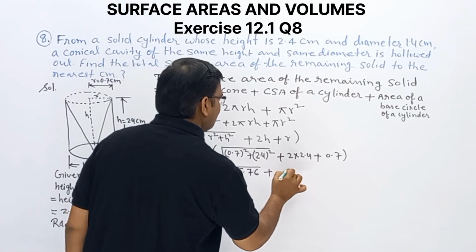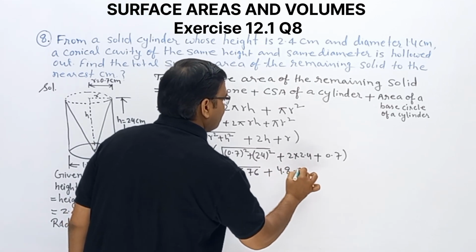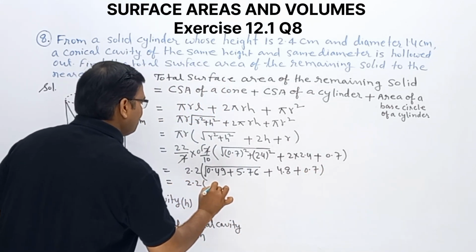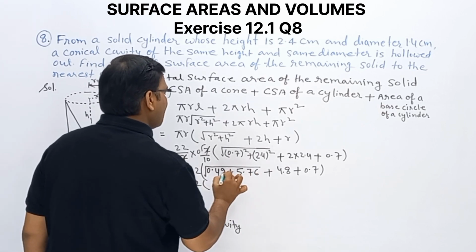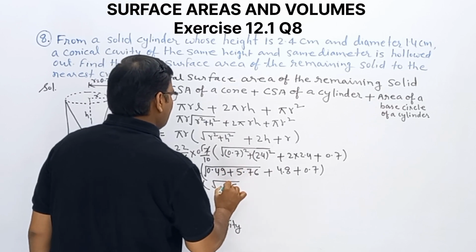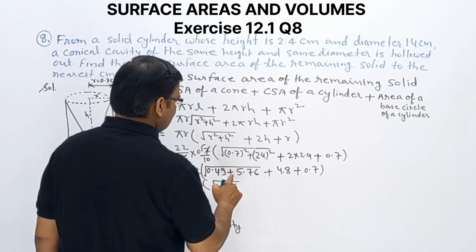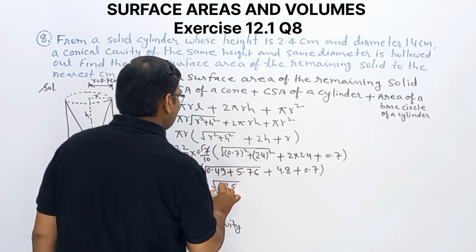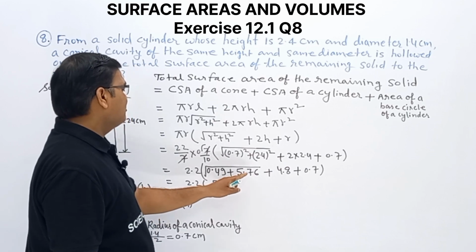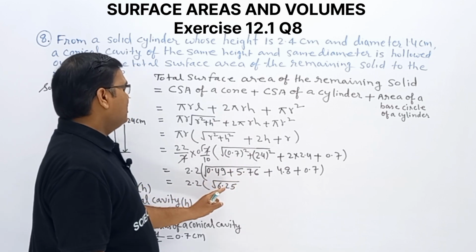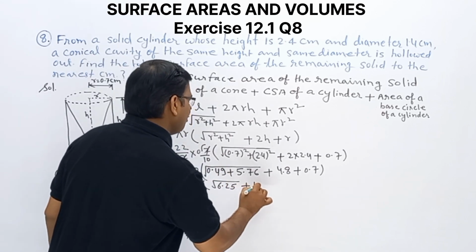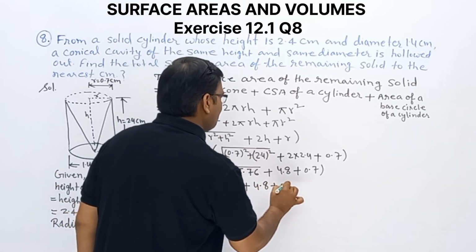Plus 2 times 2.4 is 4.8, plus 0.7. 2.2 into this. 9 plus 6 is 15, 1 is remaining. 8 plus 4 is 12, 2 is there, 1 is remaining. 5 plus 1 is 6. So 6.25. Plus 4.8 plus 0.7.